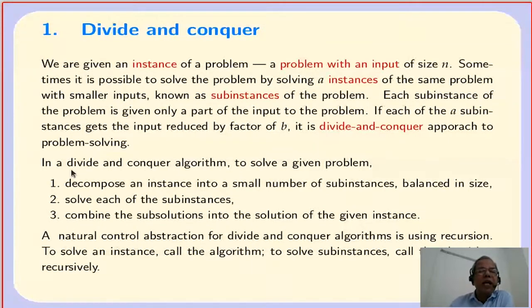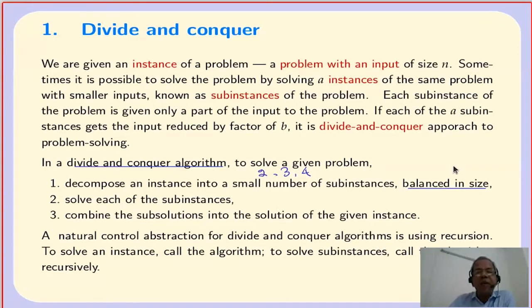In a divide and conquer algorithm, to solve the given problem, decompose an instance into a small number of sub-instances. The small number may be just 2 sub-instances or 3 or 4. The sub-instances are balanced in size. That means their sizes are roughly equal.